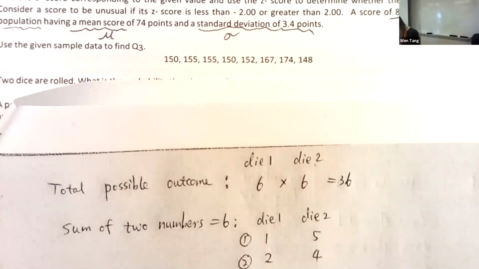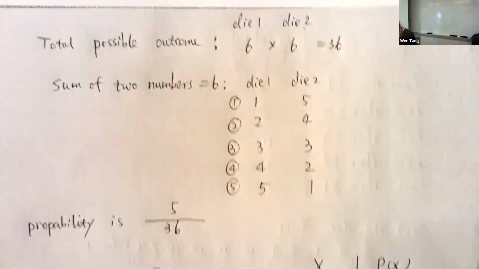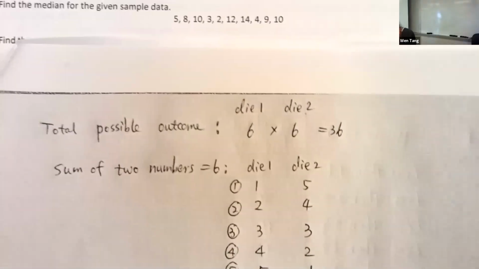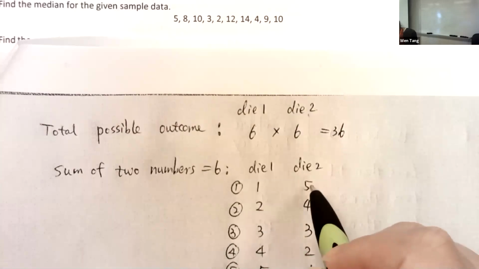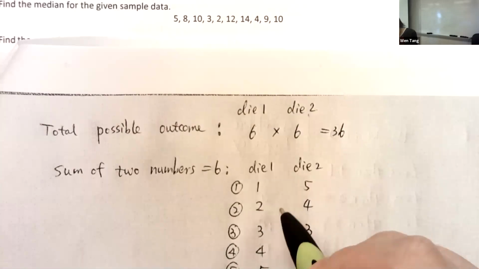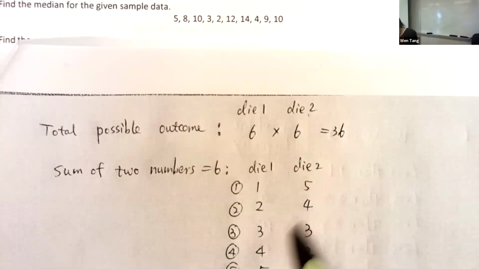Now we're going to list how many cases give the sum 6. The first one is die 1 is 1 and die 2 is 5. Second one, we have 2 and 4. But we just have one 3, 3, because if we swap, it's still 3, 3.